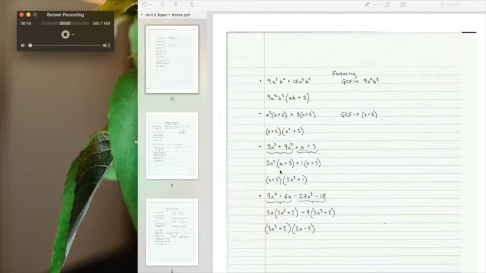I can pull out the x plus 3, write it here, and then divide each of these big terms by that greatest common factor and write my leftovers in parentheses. So 3x squared times x plus 3 divided by x plus 3. Well, those x plus 3's will go away, and 3x squared is a leftover. We'll write it here. We'll write down our addition and then do the second term.